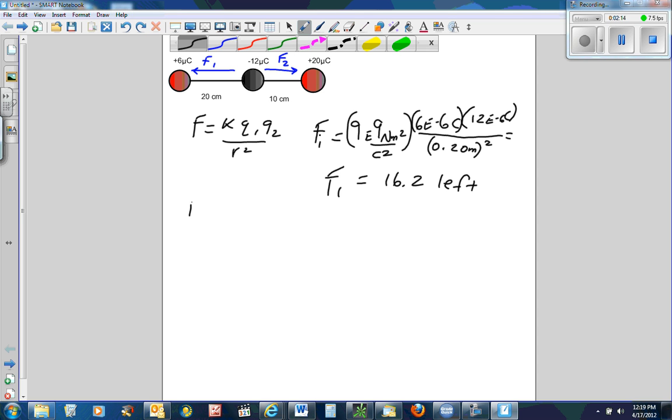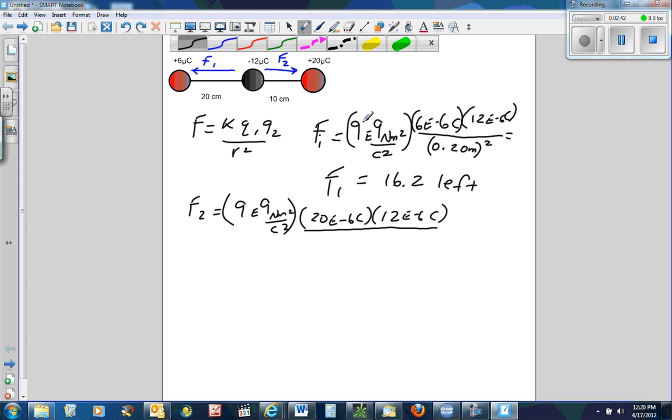Now let's do F2. F2 is going to be the same thing, except a different number. 9 times 10 to the 9th newtons meters squared per coulomb squared, times Q1, which is going to be now 20e to the negative 6 coulombs. This is the same, 12e to the negative 6 coulombs. Again, notice I don't use the negatives in here.